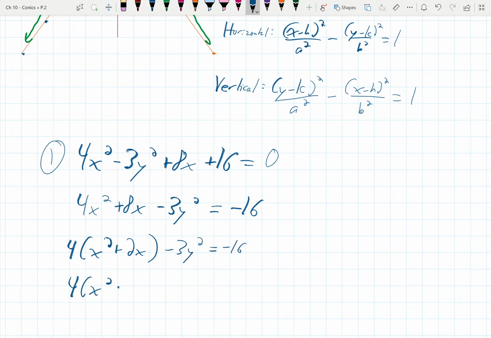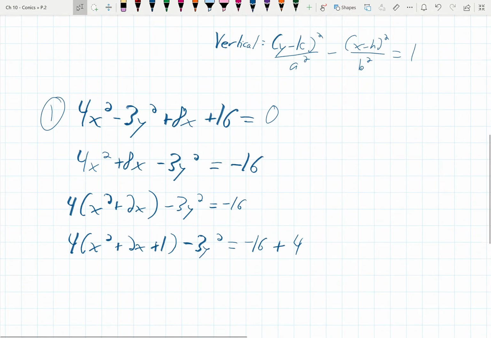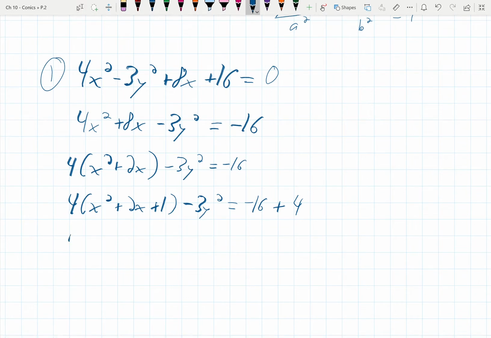Then I'm going to add to both sides, so 4 times x squared plus 2x plus 1, minus 3y squared equals negative 16. We added a 1 on the left, which is really not a 1, it's really a 4. So I get 4 times x plus 1 squared minus 3y squared equals negative 12.